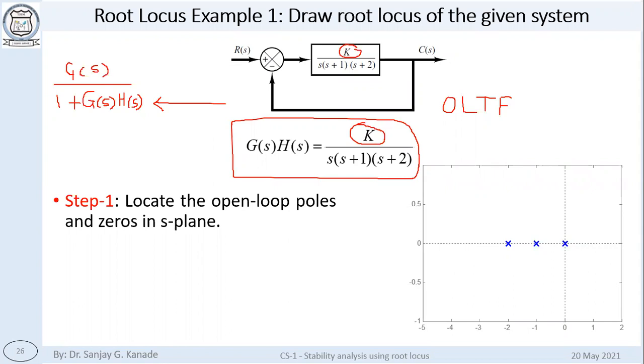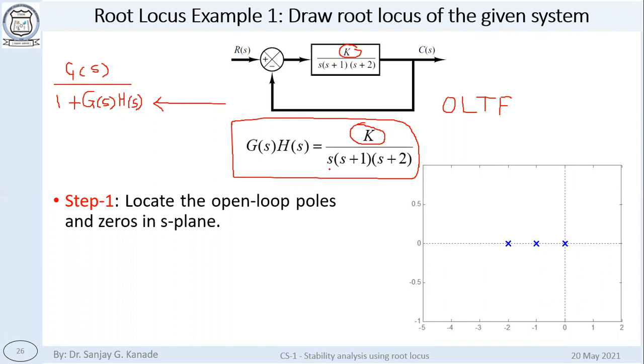What we are doing is varying k from 0 to infinity and plotting the locus of each pole. Since there are 3 poles, we plot the locus of each of the 3 poles, and that is what root locus is. So now we are going to solve this problem one step at a time, following all the steps that we have seen in our earlier lecture.